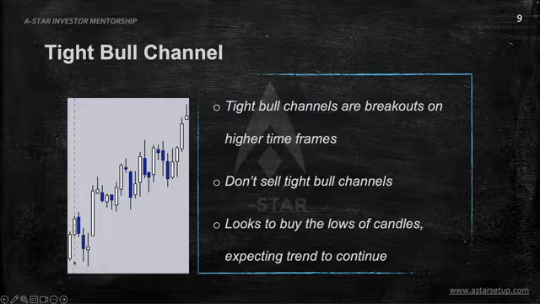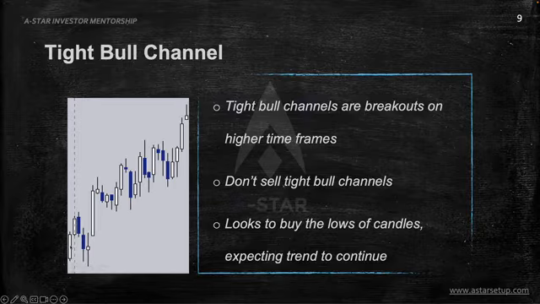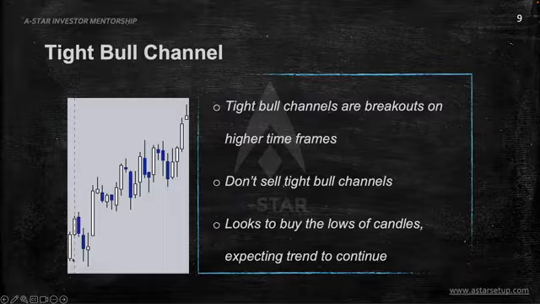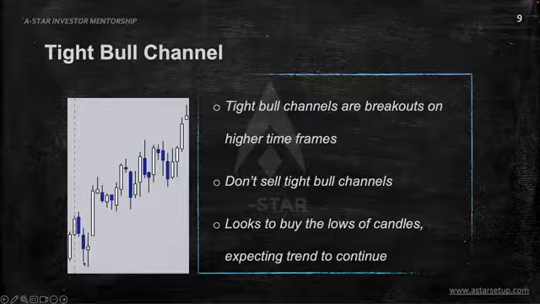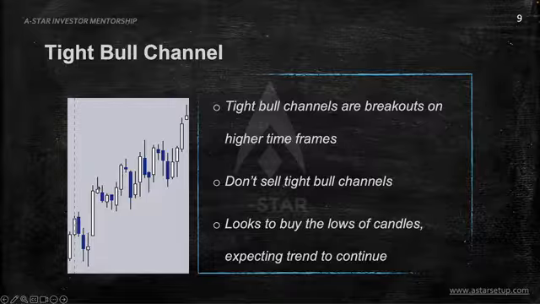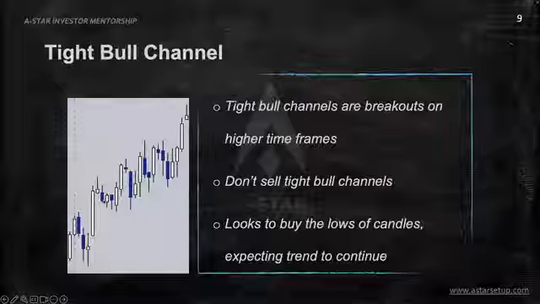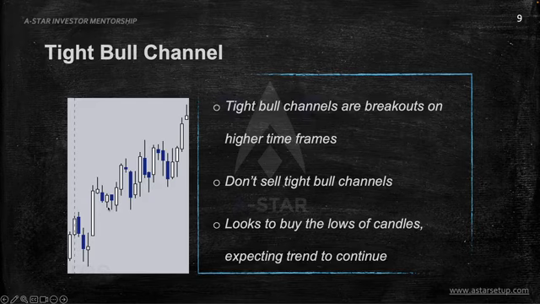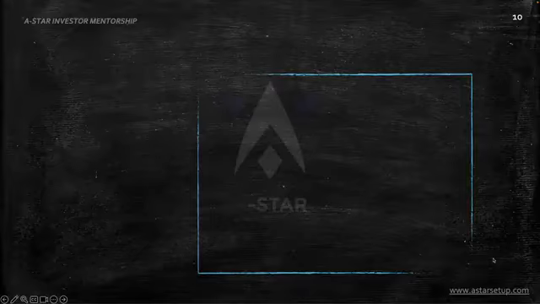You can buy that low, knowing that buyers bought this initial white up close candle and had their stops under it. So price coming in and reaching their stops, that's a buy. Price rallies up, this down close candle, and then you see another up close candle here. You can buy this low with a limit order when you see this type of thing. So you don't want to be selling tight bull channels. Look to buy them.